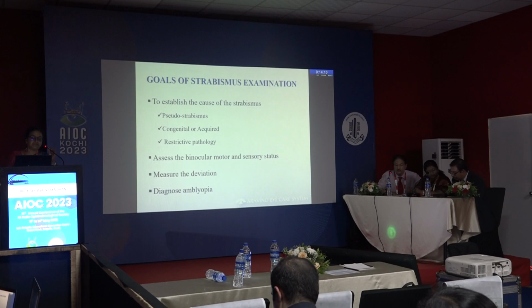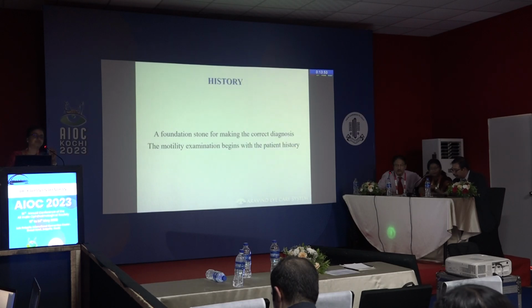And most importantly, you have to assess the binocular motor and the sensory status of the patient, and measure the angle of deviation, because that will give you an idea of how much to correct and how much to operate. And if there is an underlying amblyopia, diagnose the amblyopia, treat it first, and then proceed with the correction of strabismus. So history is very, very important.